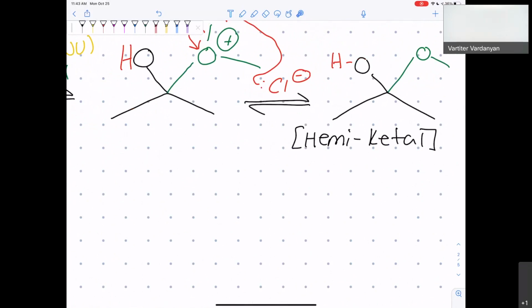Okay, what do we have left in solution? I'll ask you guys that. HCl. Cool. So how does an acid catalyst make a reaction better? More electrophilic.